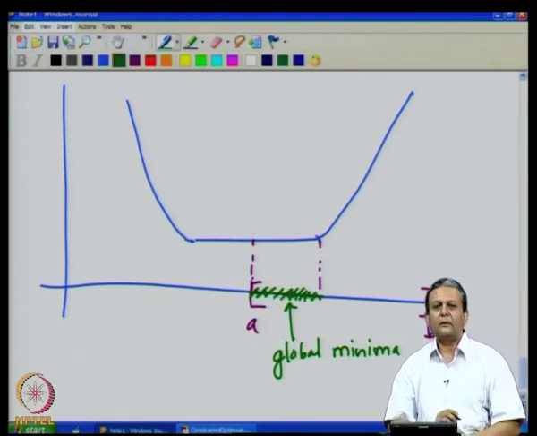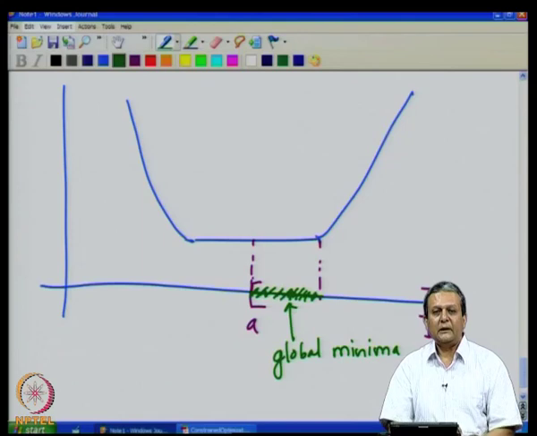So, not only is there no question of local minima in the convex programming problem, in fact, all the global minima which are possible, they form a convex set. So, this is an important property of convex programming problems, and further, as we will see later, the first order necessary conditions for a convex programming problem are sufficient under certain conditions.